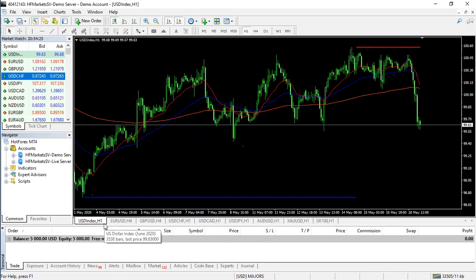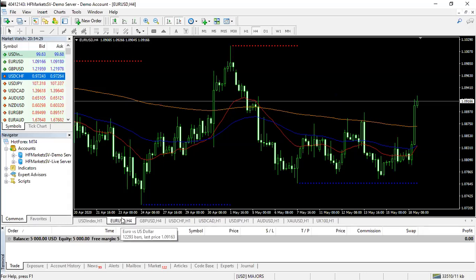Almost, I have not said exact. When USD is the counter currency, you expect the opposite direction.